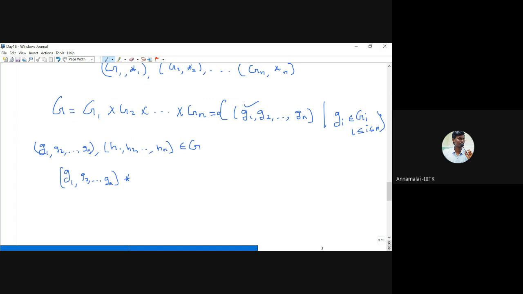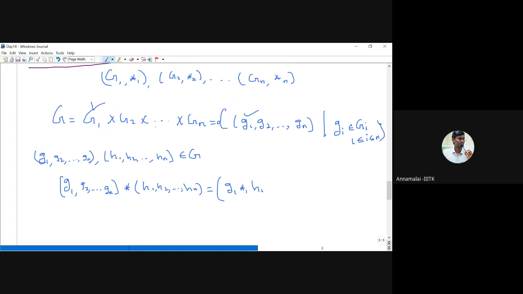How we define this operation: (g1, g2, etc., gn) star (h1, h2, etc., hn) is equal to (g1 star 1 h1, ...). Because g1 and h1 are elements of the first group, and in the first group the operation is star 1, the first coordinate is g1 star 1 h1.